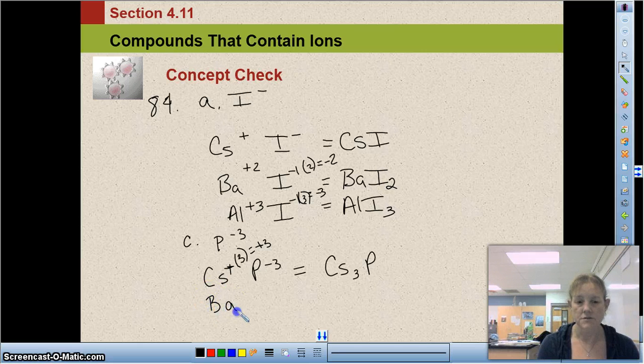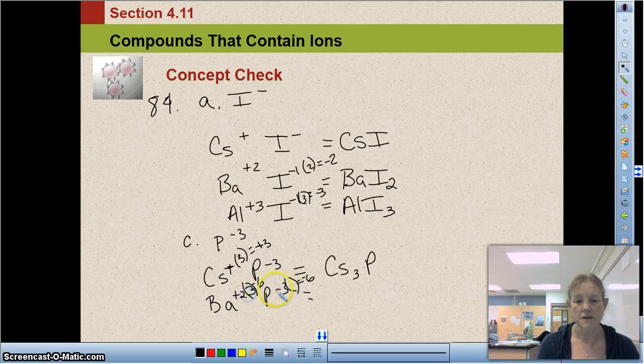Barium is a little different. It's plus 2. Phosphorus is minus 3. So you have to stop and say, okay, what's the smallest number they're both going to? 6, of course. So we're going to multiply them times something that's going to give them a 6. It's going to make this side negative 6. It's going to make this side positive 6. So 2 times what number is 6?